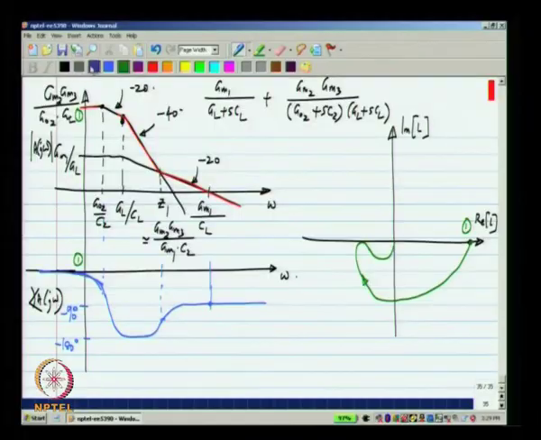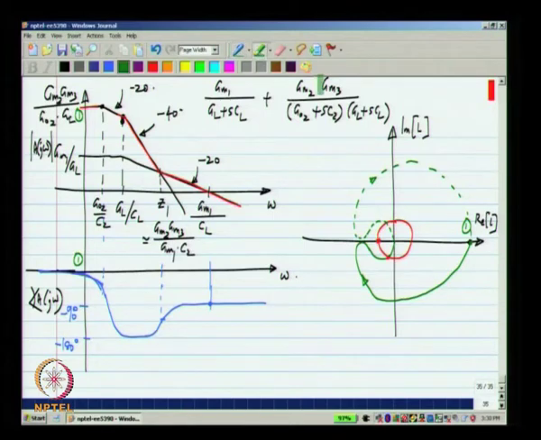Now, is this stable or unstable? It depends on where the unit circle is. Basically, let us say that the unit circle is here on this plot. The Nyquist plot enters the unit circle over there, and then the other half of it will be a mirror image. It will be something like that.